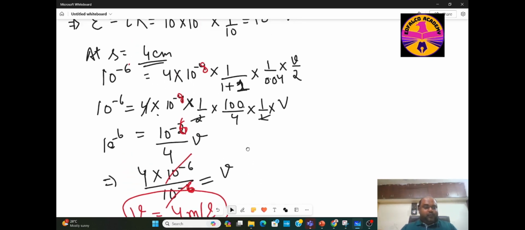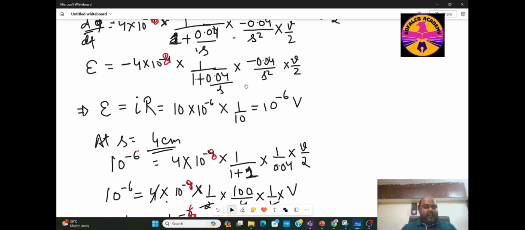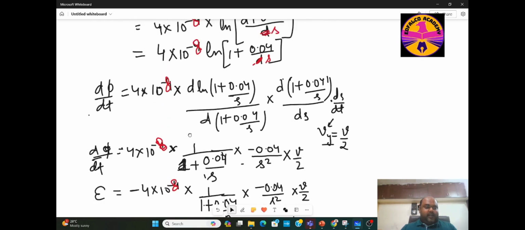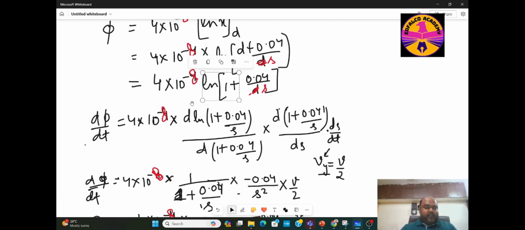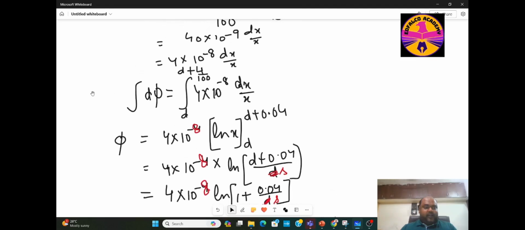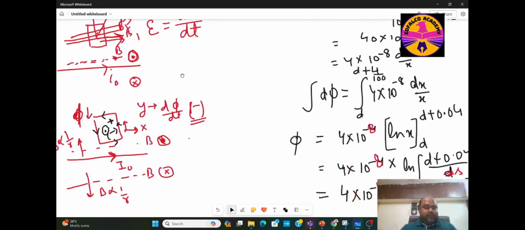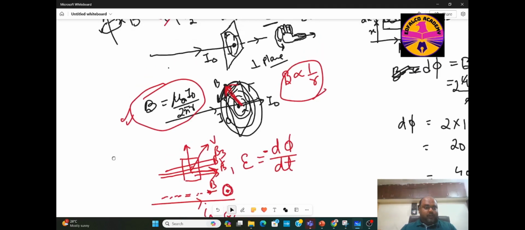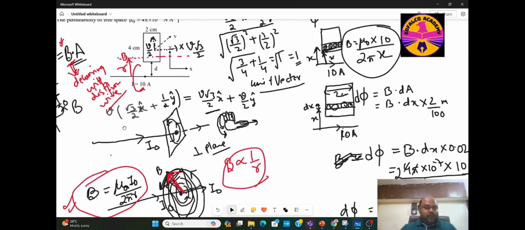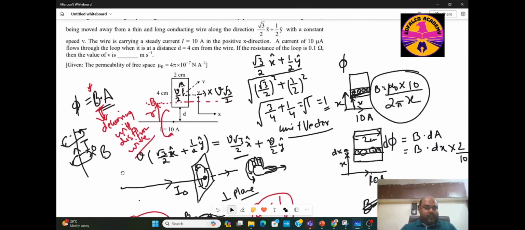So I think this question was explained in a very detailed manner, right? We first looked into the problem and understood that problem in detail.